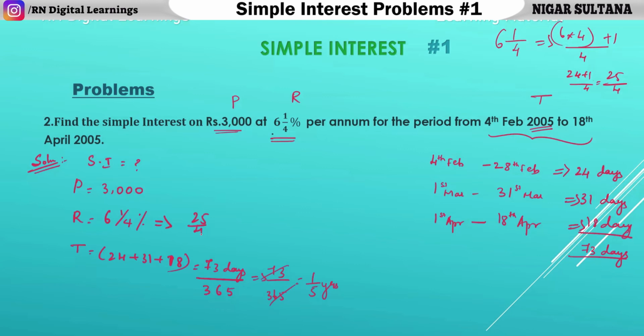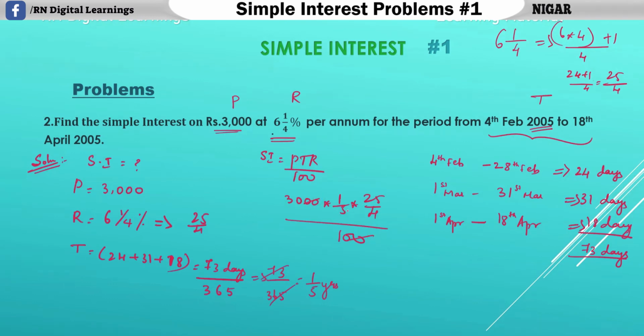So the value of R is 25/4. Our next job is to simply substitute in the simple interest formula, PTR by 100. So what is the value of P here? 3000 into T value is 1/5 into R value is 25/4, whole divided by 100. Cancel out these two zeros. Next, 5 ones are 5, 5 fives are 25. Next, 2 twos are 4, 2 15s are 30.